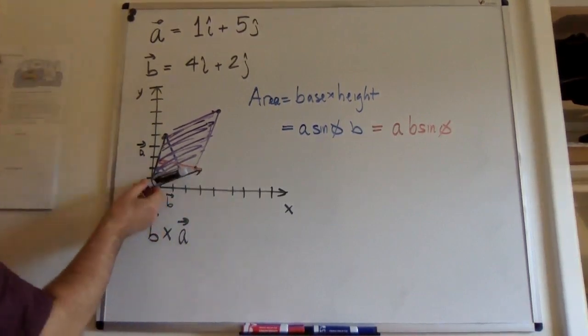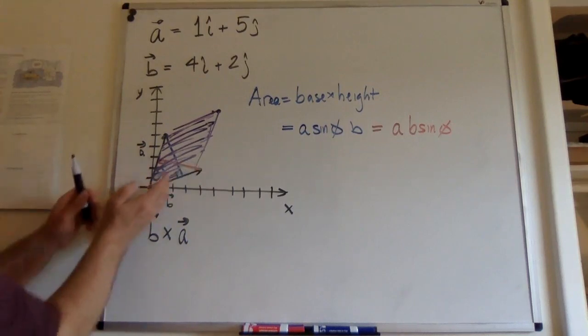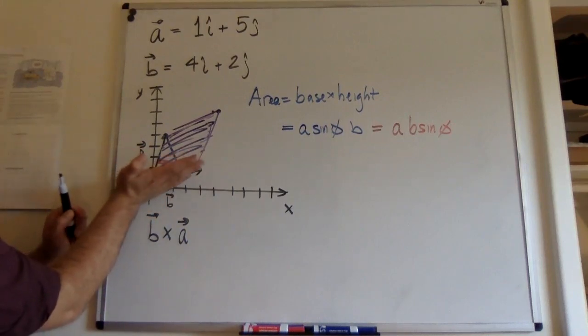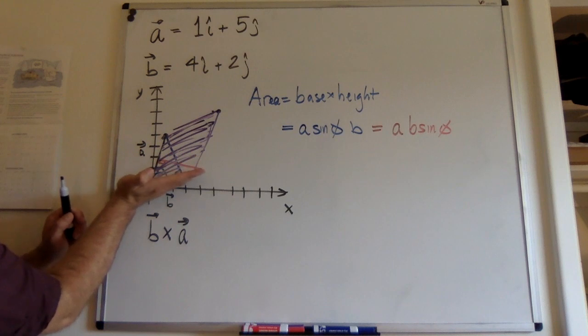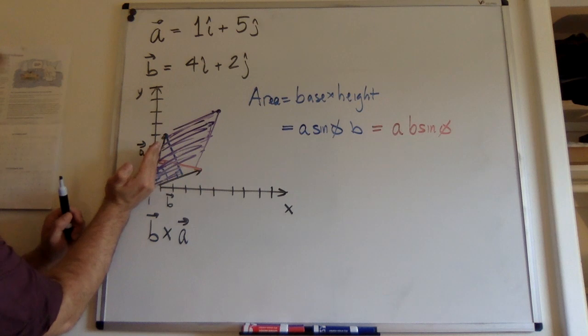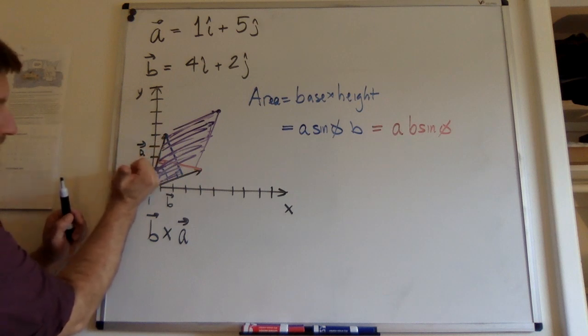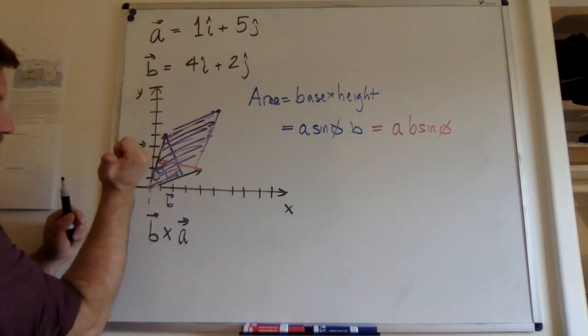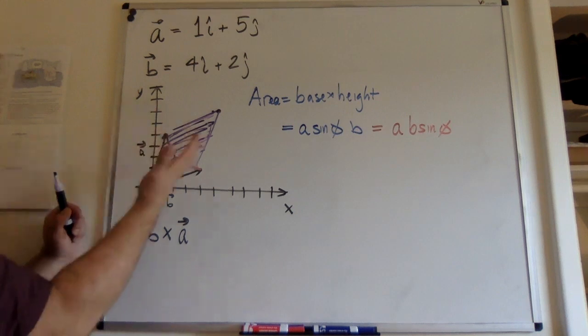Start by pointing your fingers in the direction of vector B, then curl them around into vector A without breaking your knuckles. Your thumb points in the direction of the result, out of the board. That's according to the right-hand rule.